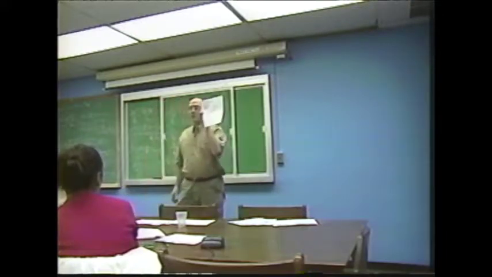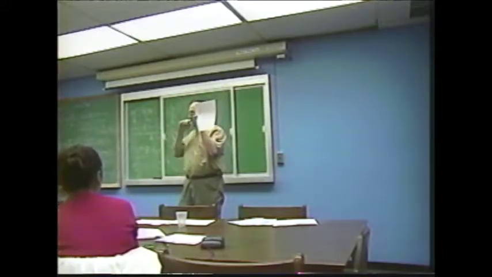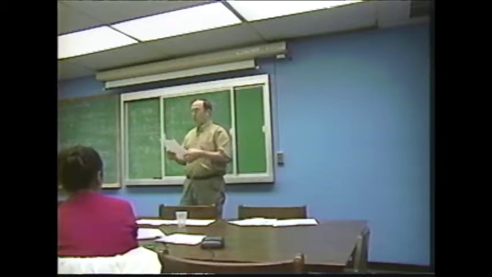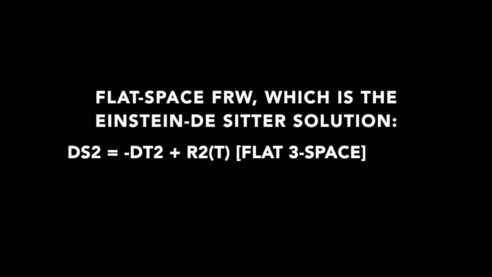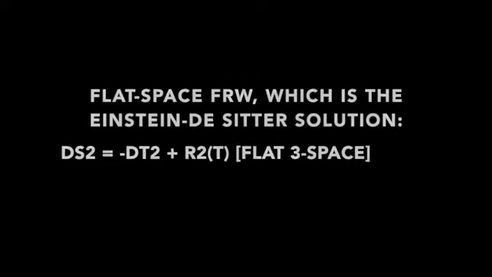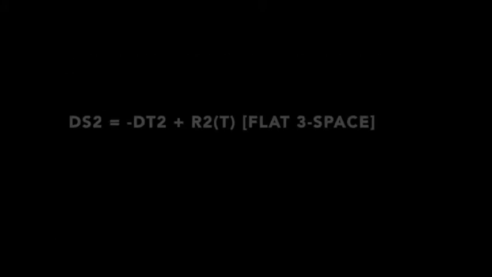First, let's start with this page. This is the kind of thing that you'll be doing throughout these kinds of calculations. For example, for the Friedmann Robertson Walker, let's take the simple case where we have flat 3-space and only R of t in front.